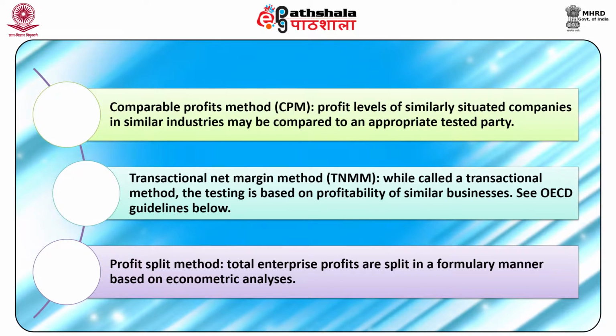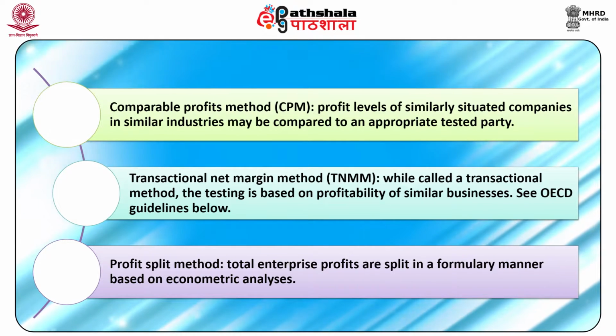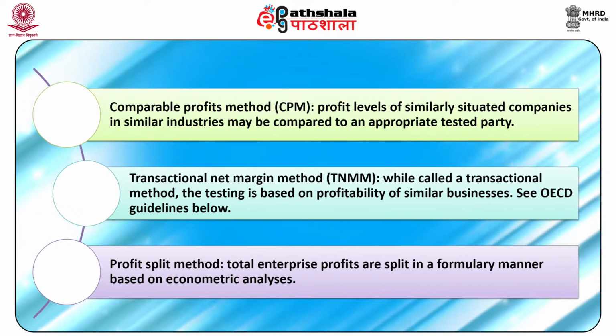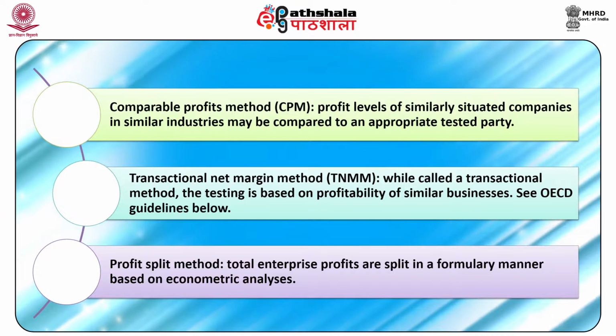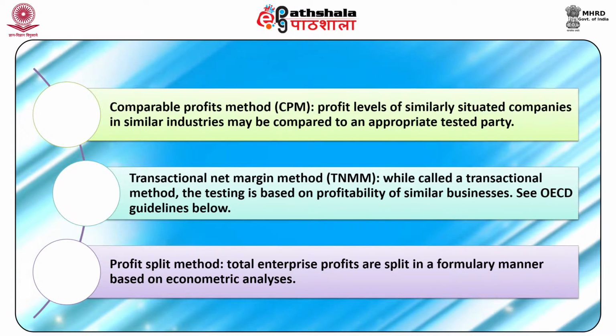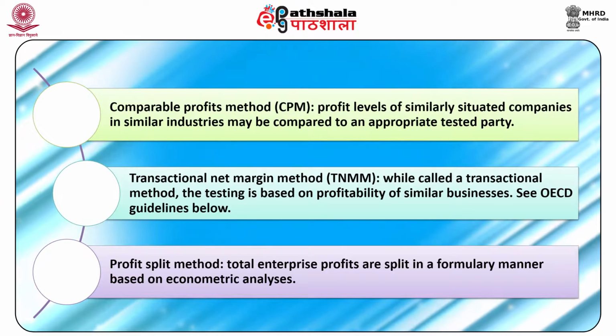While called a transactional method, the testing is based on profitability of similar businesses. For this, let us examine the OECD guidelines given below. Profit split method. Total enterprise profits are split in a formulary manner based on an econometric exercise.